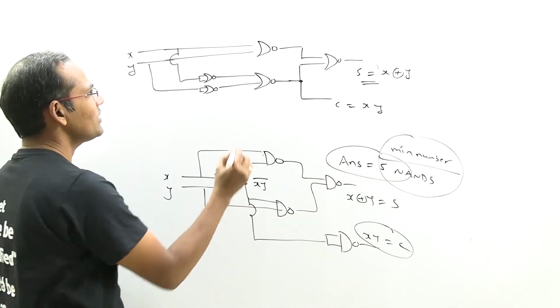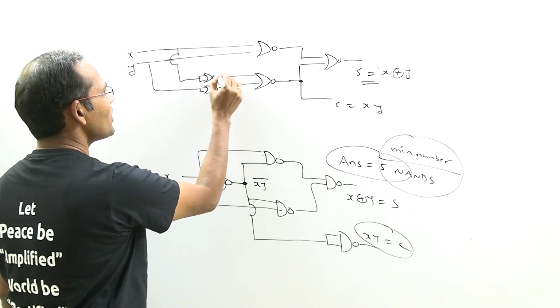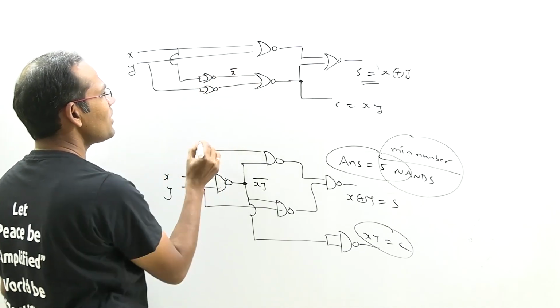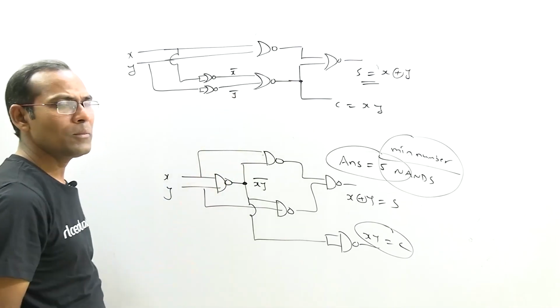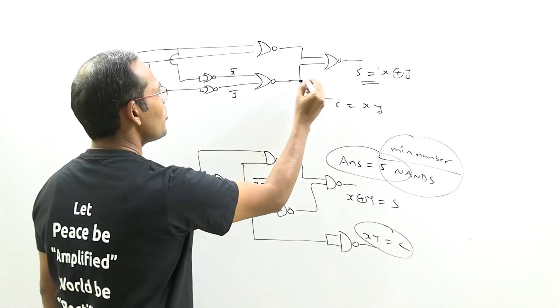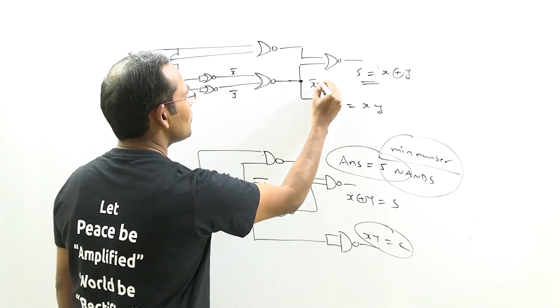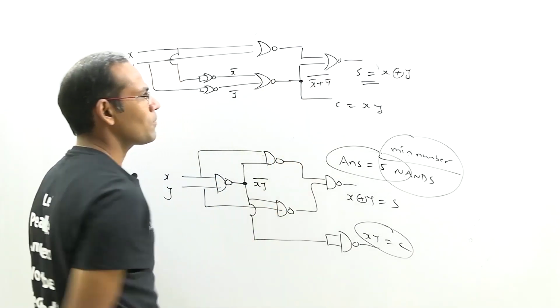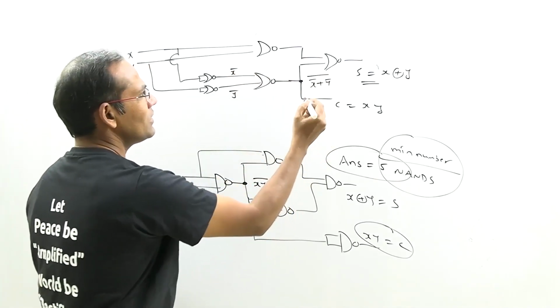We can verify it. Here x is applied to this NOT gate, so x bar, and here y bar. The expression at this point is NOR of x bar, y bar. NOR gate means first add then complement.